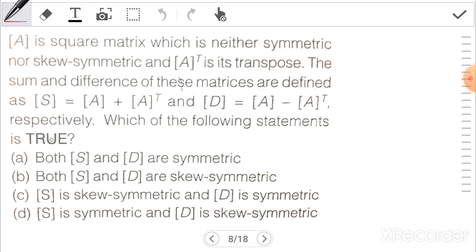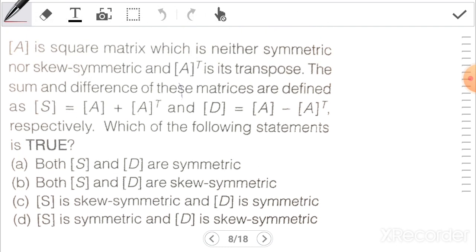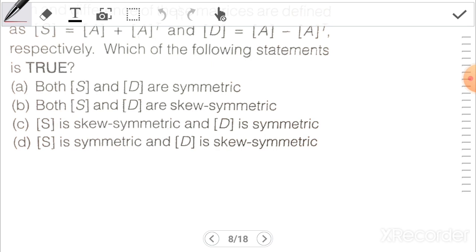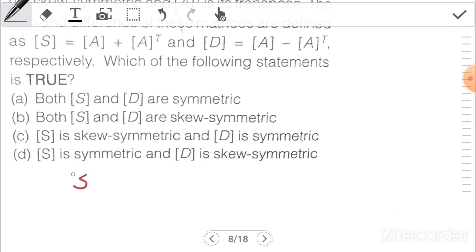Which of the following statements is true? We have to find whether S and D are symmetric or skew symmetric. Okay, so S is A plus A transpose.